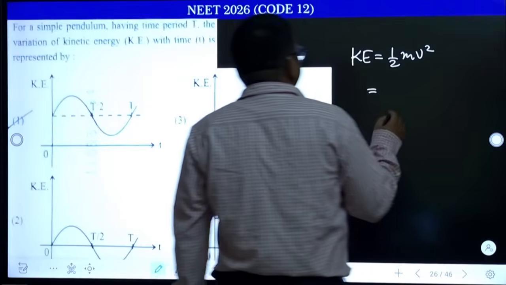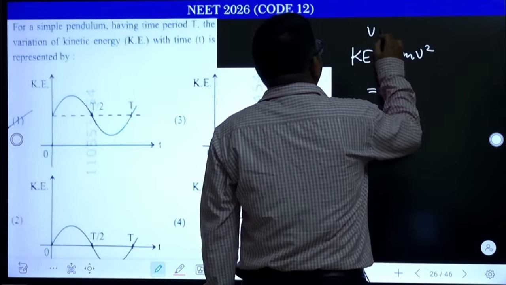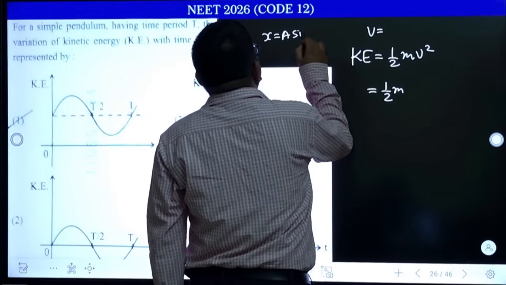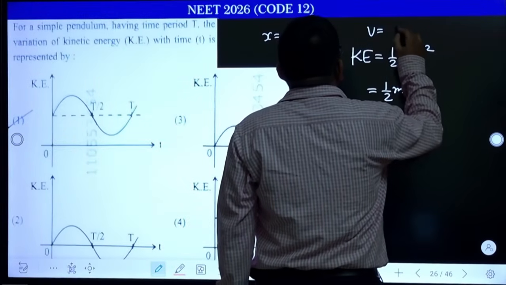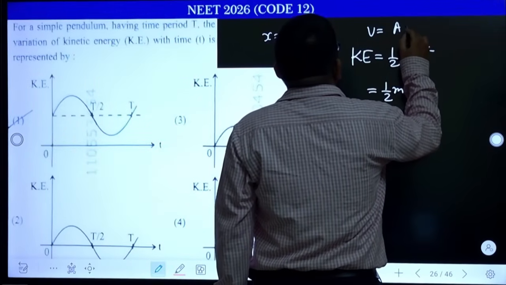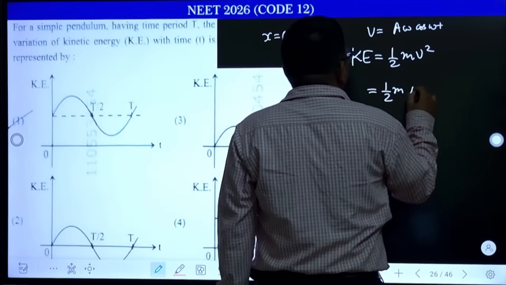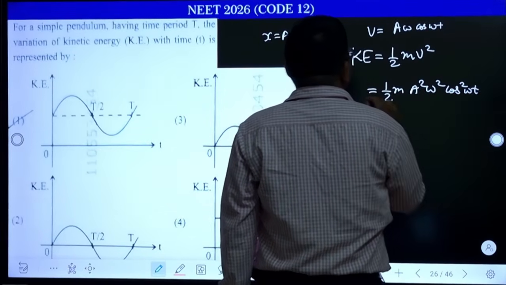Velocity we know: suppose I say displacement is a sine omega t, then velocity, by differentiation, is a omega cos omega t. Now the square of that is a square omega square cos square omega t.